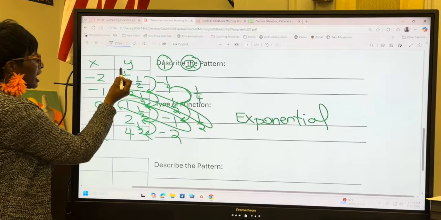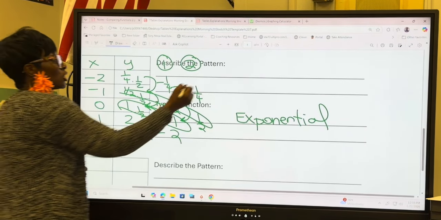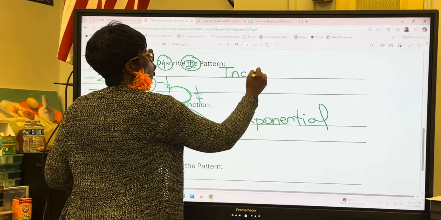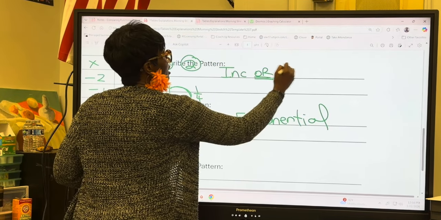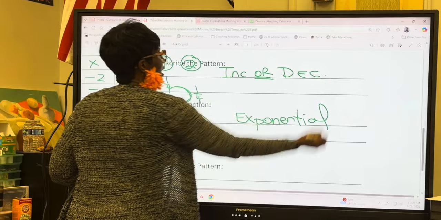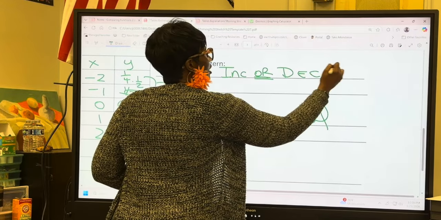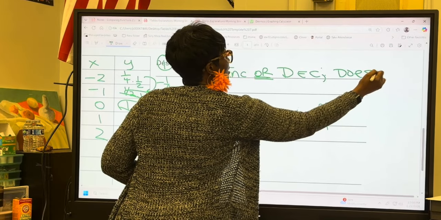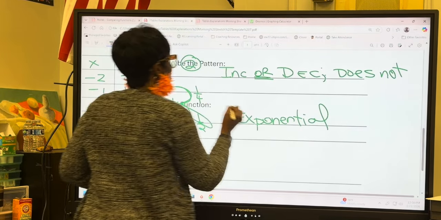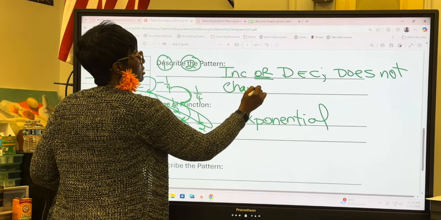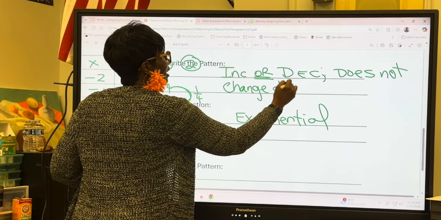What do we see here? It constantly increase. So this is a increase or decrease, but definitely not both. Did it change directions? No. Does not change direction.